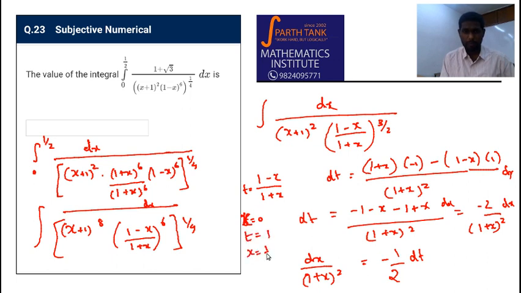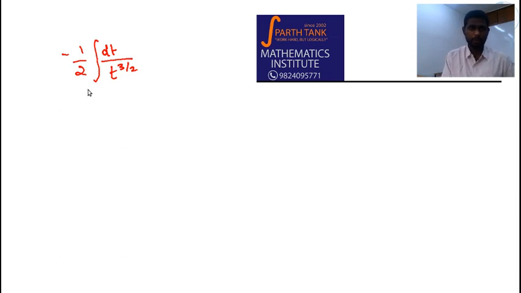When x is 1 by 2, t is (1 by 2) by (3 by 2), which is 1 by 3. So the limits are 1 to 1 by 3, which I can invert as 1 by 3 to 1 with the minus sign, dt power 3 by 2.